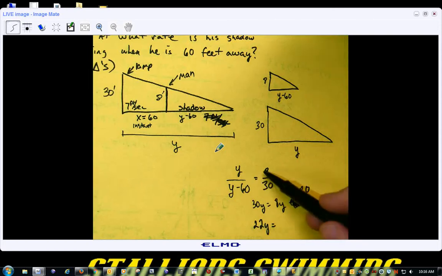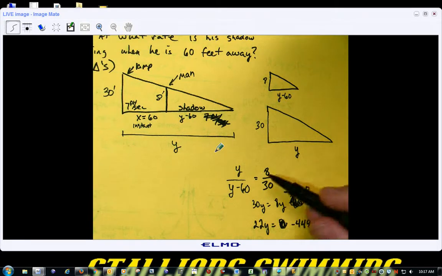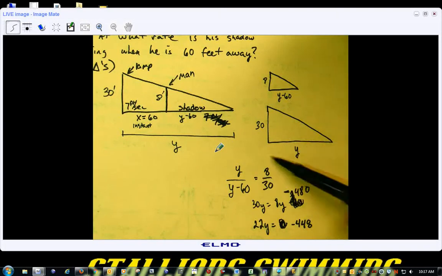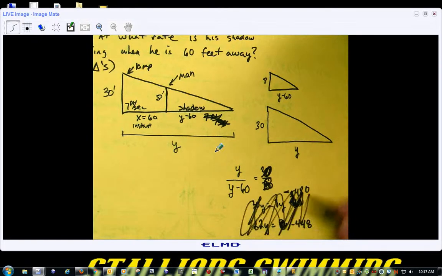Yeah, 8y minus 480. Move that over. Get 22y is equal to... Now it's just becoming an obnoxiously large number.